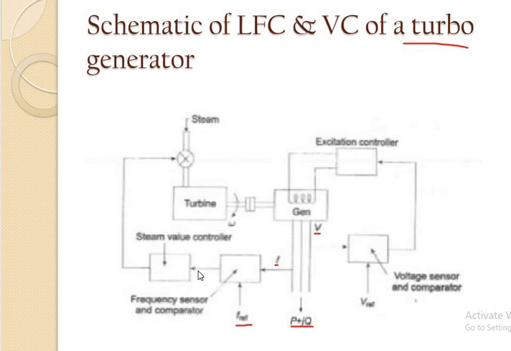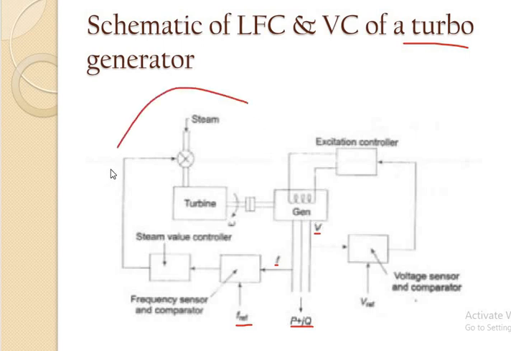So depending upon the required frequency, the steam valve controller will open or close the valve, thereby increasing or reducing the steam input, thereby increasing or reducing the speed of the turbine, thereby increasing or decreasing the frequency of generation. Clear?